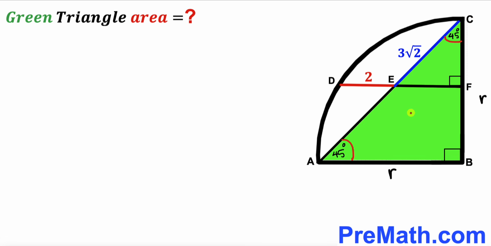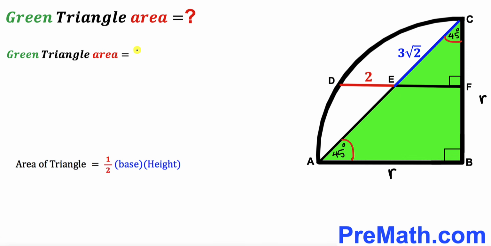And now, since we are interested in calculating the area of this green shaded triangle ABC, let's recall the area of a triangle formula. Area is always equal to a half times base times the height of the triangle. And in our case, the base of this green shaded triangle is lowercase r, and the height is lowercase r as well.